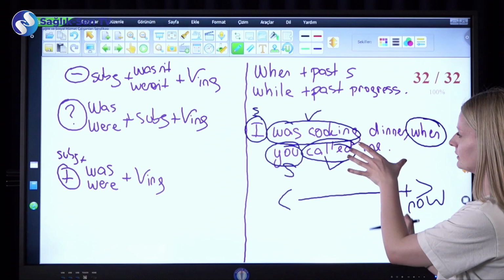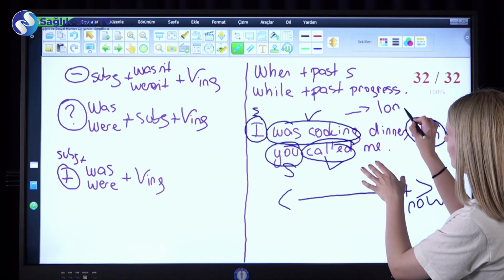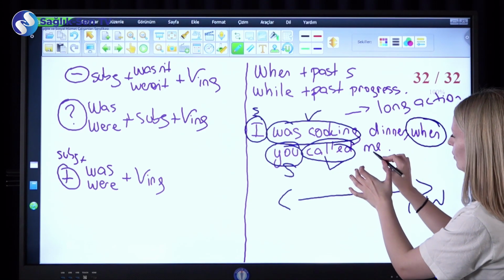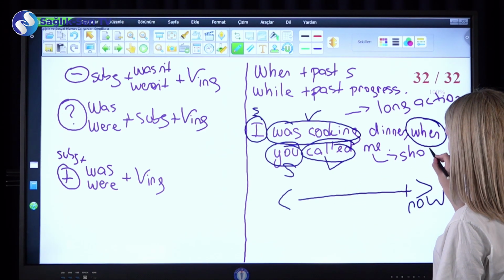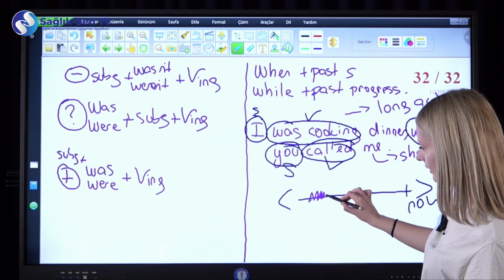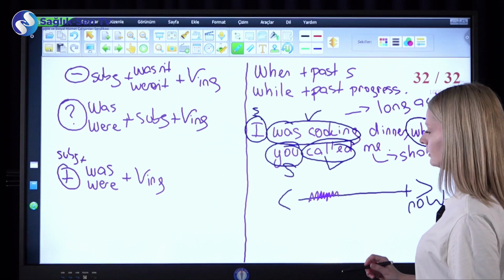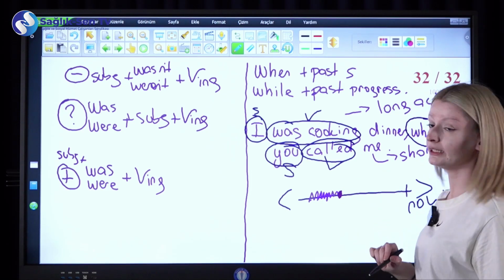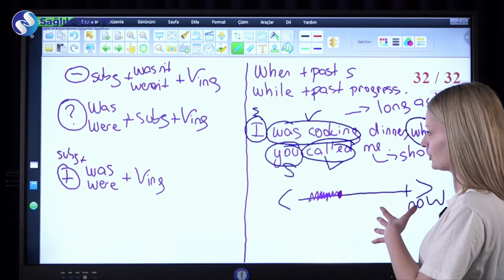I was cooking dinner. This is the long action we have in this sentence. You called me. This is the short action. So in the past, I was cooking. It happened for a while. Then you called me and interrupted my action.